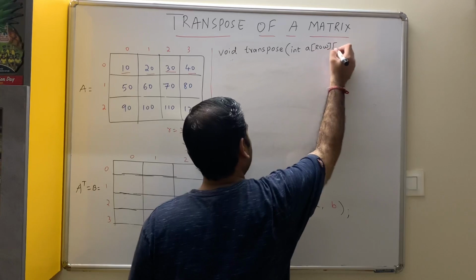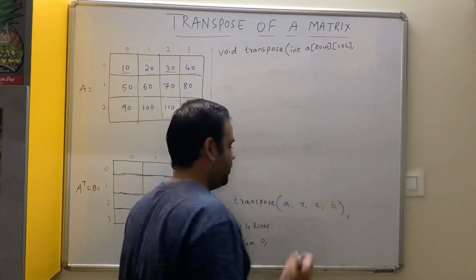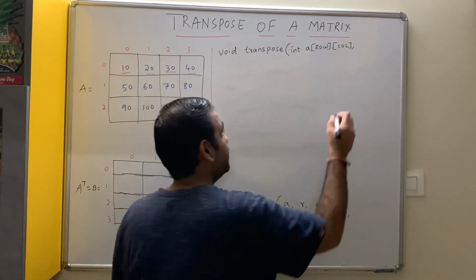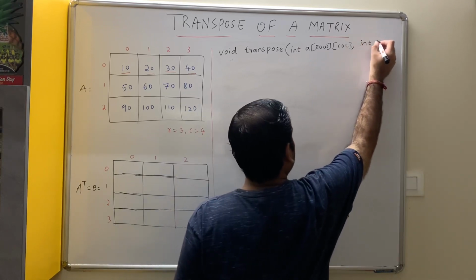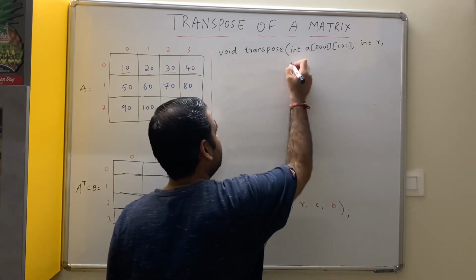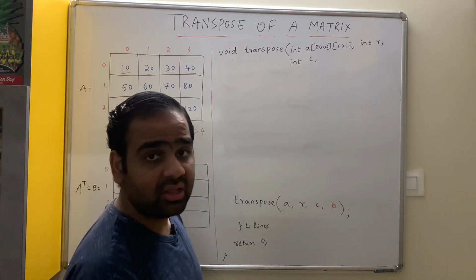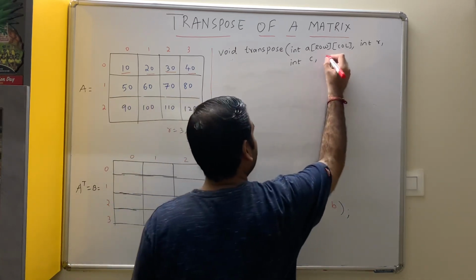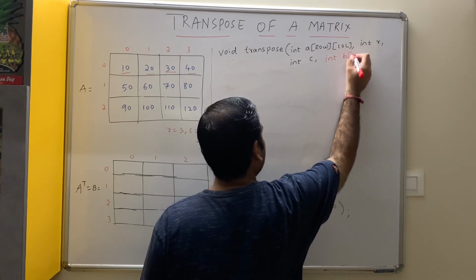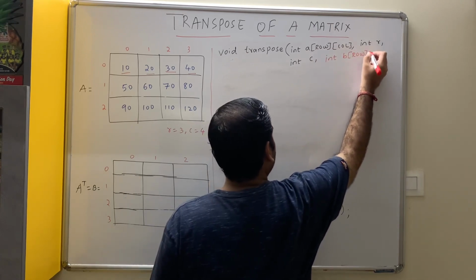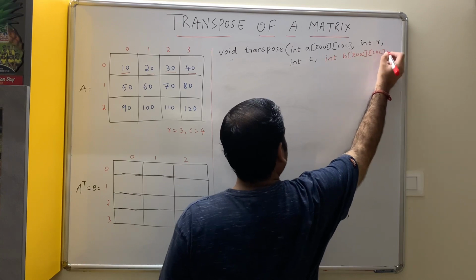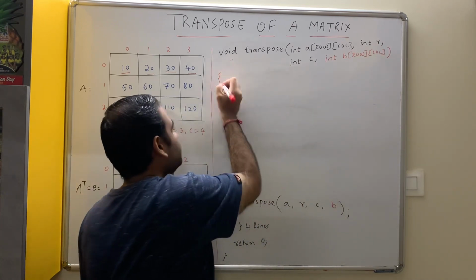The second parameter is integer R. The third parameter is integer C. And the last parameter is B. It is an integer 2-dimensional array. Therefore I write int B of row column, and this is where we will store the answer.